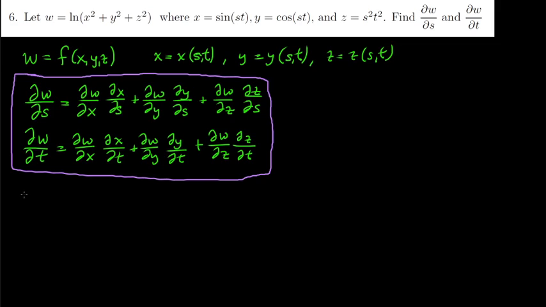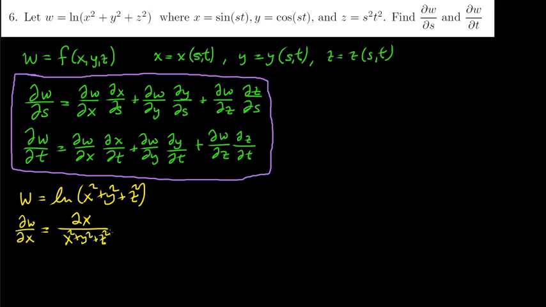So in this case, w is just the natural log of x squared plus y squared plus z squared. So the partial of w with respect to x is just going to be 1 over x squared plus y squared plus z squared times the derivative, which is just 2x. And similarly, the y partial of w is just 2y.